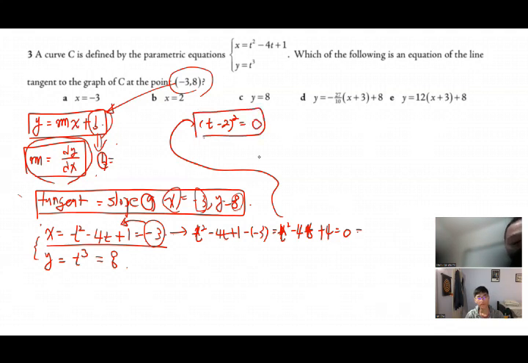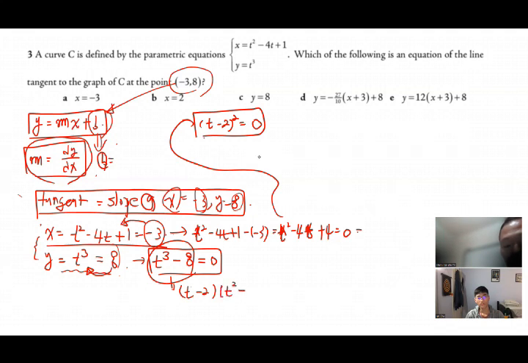For the second equation from y, it's the same thing: t cubed minus, moving the 8 to the left-hand side, t cubed minus 8 equals 0. This can be re-expressed as t minus 2 times t squared plus 2t plus 4 equals 0.